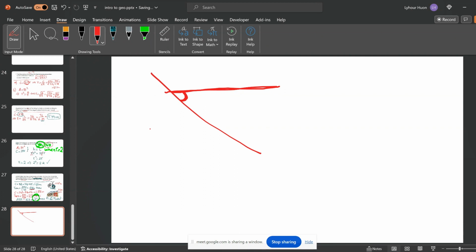Okay, we know that when there's two lines meeting, it's still not a closed shape, right? In order to make it a closed shape, we have to make it close. It can't be open. So at least it has to be three lines, or three sides.